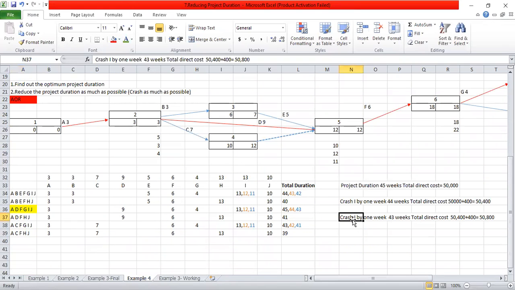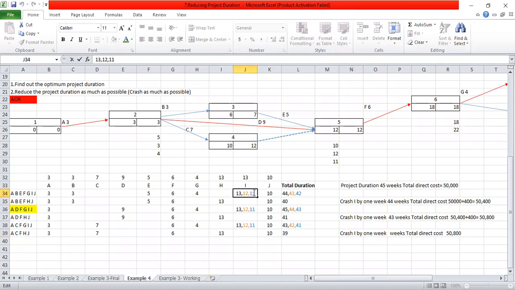So crash I by 1 week. So the weeks will be going to change and the total direct cost will change. So crash I by 1 week means it should be 10 here. It should be 41.